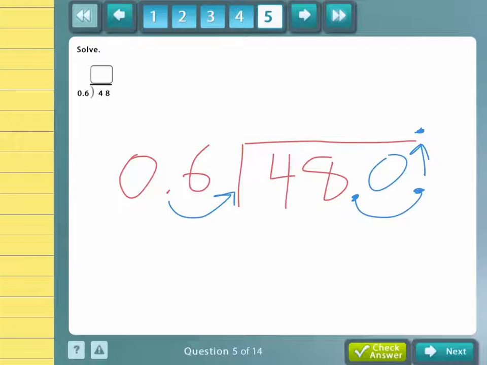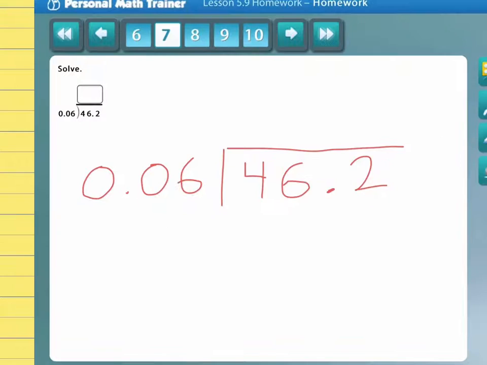Just like equivalent fractions, so 6 will go into 48 8 times, and 6 will go into 0 0 times. The answer should be 80. If it was just 6 into 48, it would be 8, but since it's 6 into 480, it's 80.